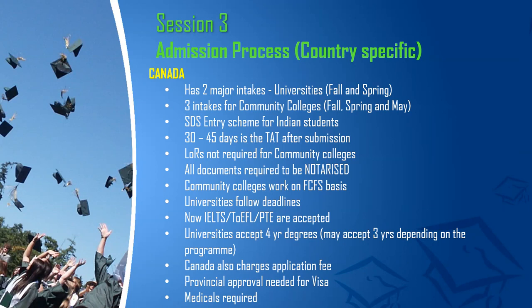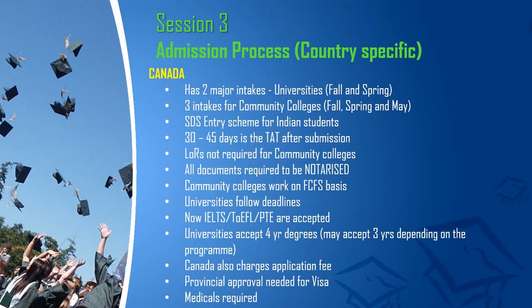One is, universities are big campuses. They are more focused on research and teaching, and they offer master's and doctoral programs also. Whereas community colleges have a restriction where they cannot offer master's and doctoral programs. They can offer diplomas, bachelor's, and postgraduate diplomas from their university or colleges. Community colleges are very flexible in terms of admissions.